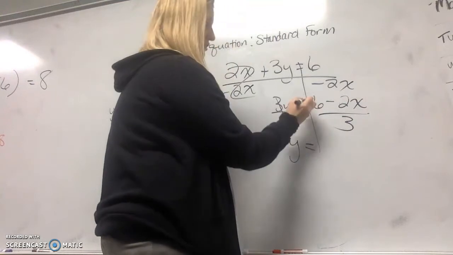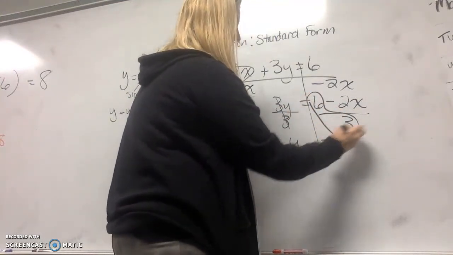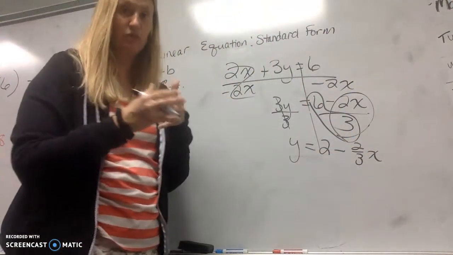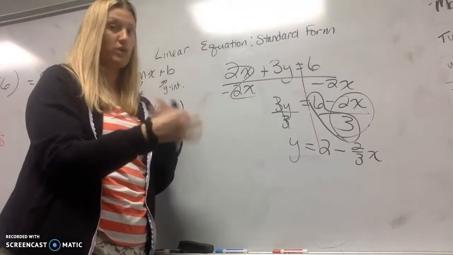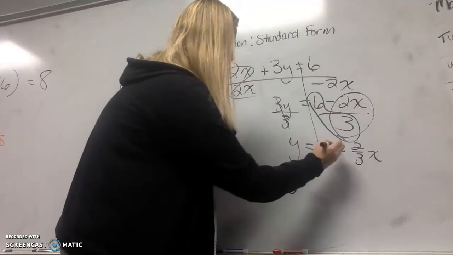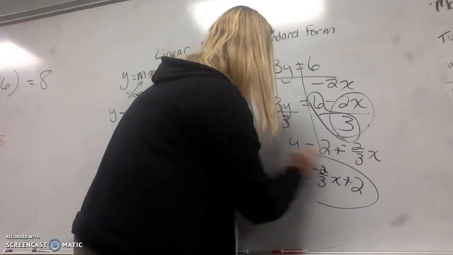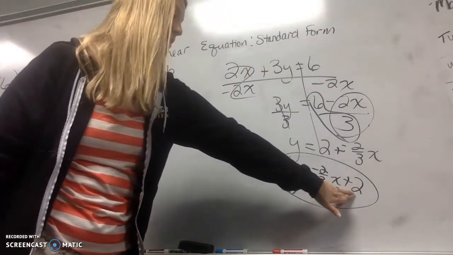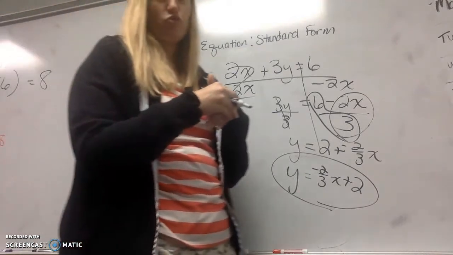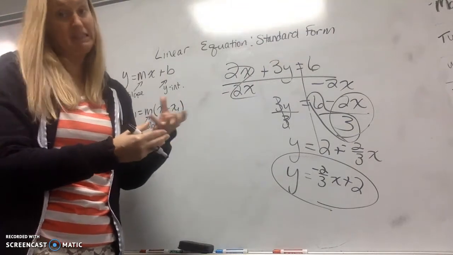So y equals, I want to do my 2 divisions. 6 divided by 3 is 2, minus, that side will be 2/3 x, because we do not want a decimal for slope. We want to be able to go down 2/3, not down 0.6 repeating. Now I'm just going to rewrite this. This becomes -2/3 x plus 2, and that is in slope-intercept form. So I would start at 2, go down 2/3, and be able to graph that from there. So those are kind of my two options with graphing something in standard form.